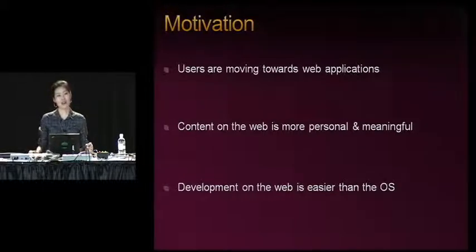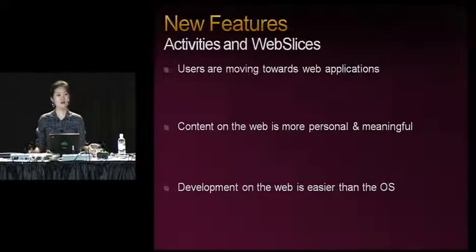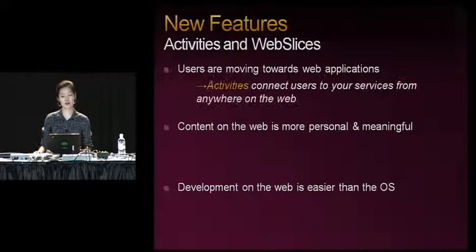We've also heard that it's really hard to create client-side code, maintain it, and deploy it. So with more services and more user-created content, who's doing all of that integration? So IE has two key features to address these issues.